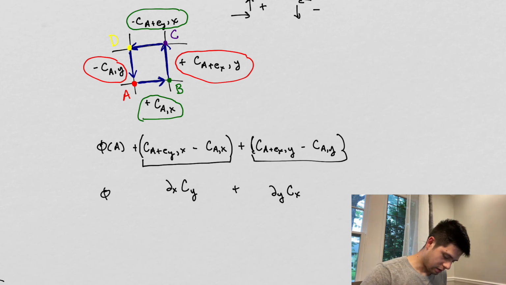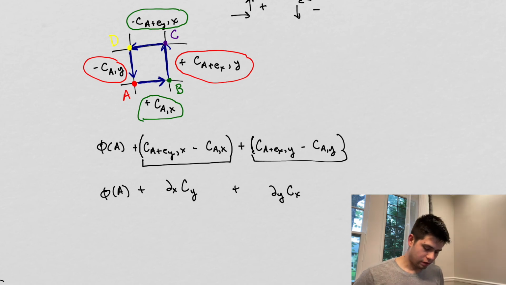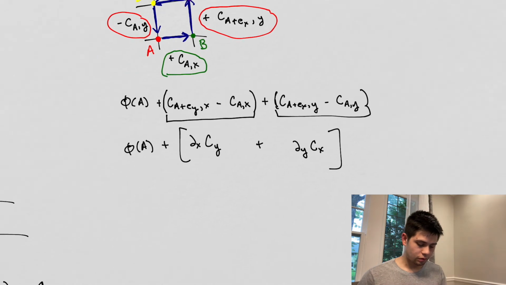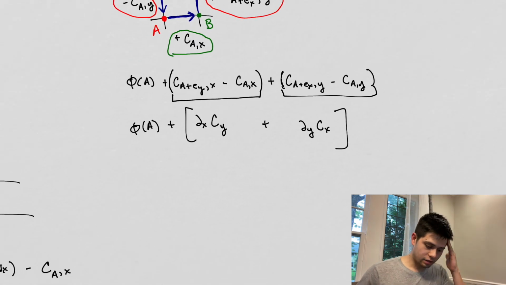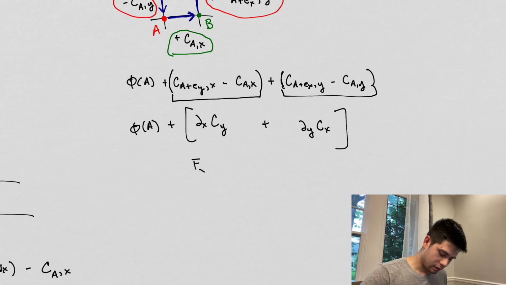So we have our original point plus all this stuff right here. And what is this stuff? Well, this is defined as x, y, and since C is located at some point, like we said earlier, this is located at some point also.